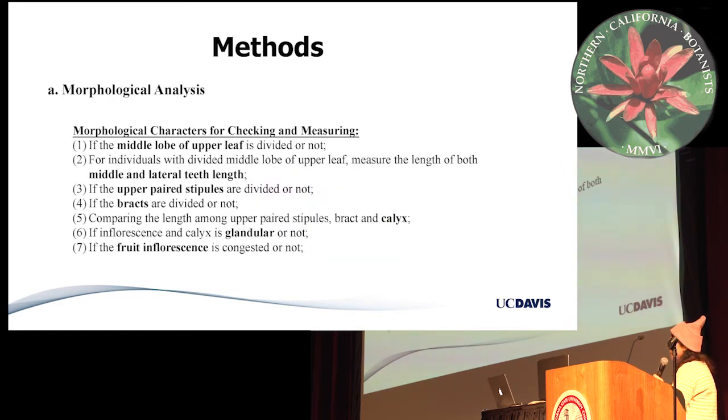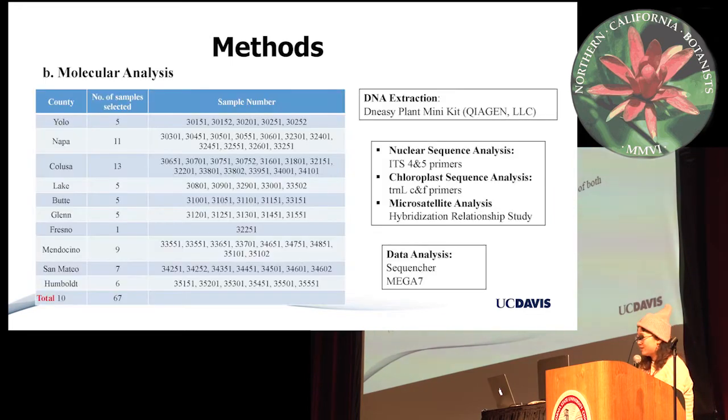For the experimental methods, we basically focus on both morphological analysis and molecular analysis. In the first step of our morphological analysis, we focus on those morphological characters mentioned as keys in the Jepson Manual to see if they work well or are useless. I already mentioned that before, so I will not cover that again.